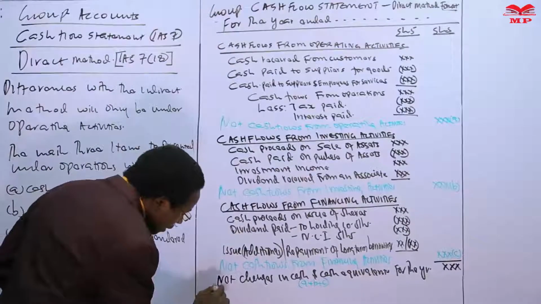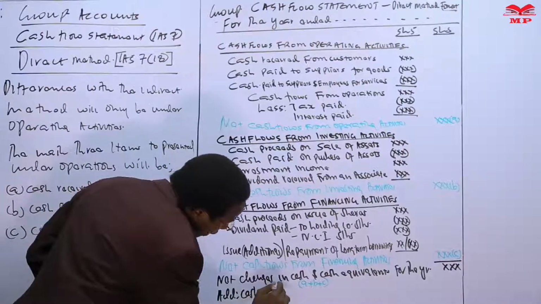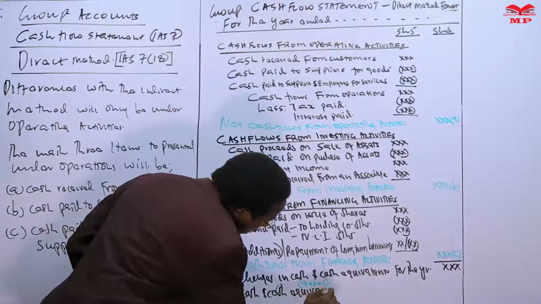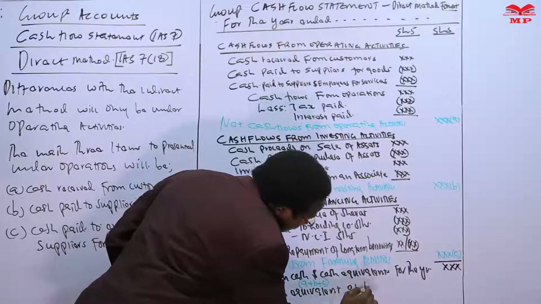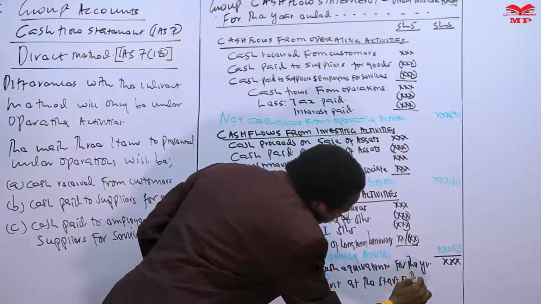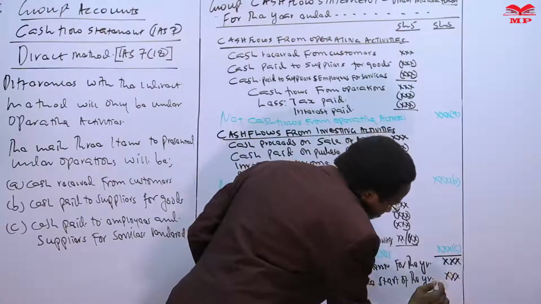Then we add the cash and cash equivalent at the start of the year. So you have it here at the start of the year.